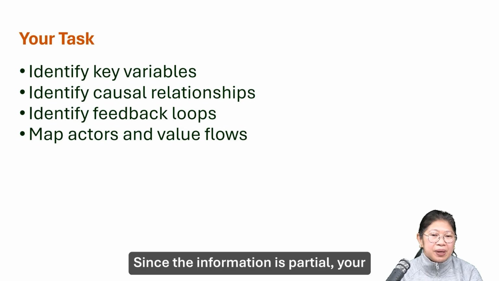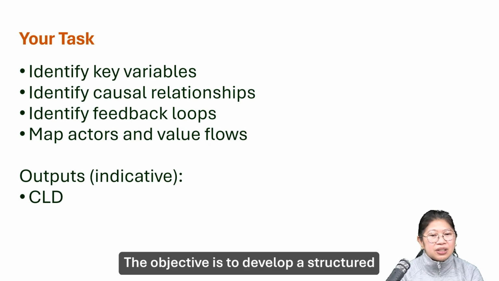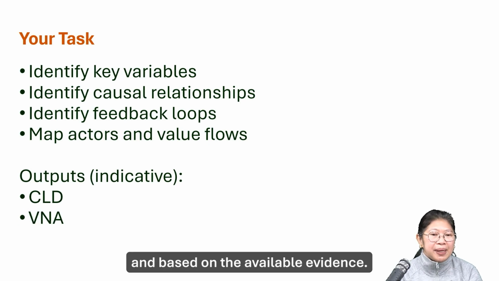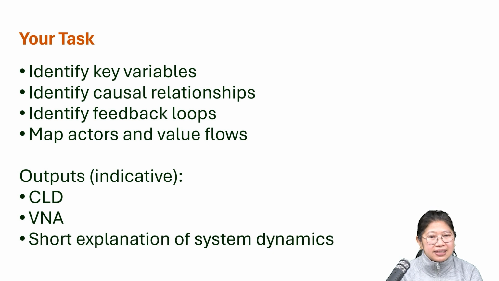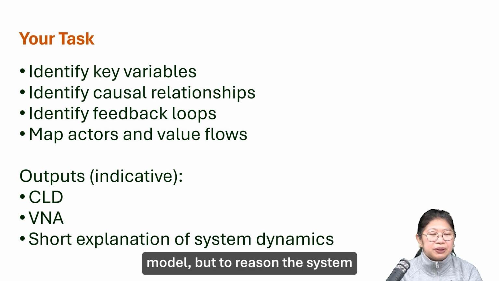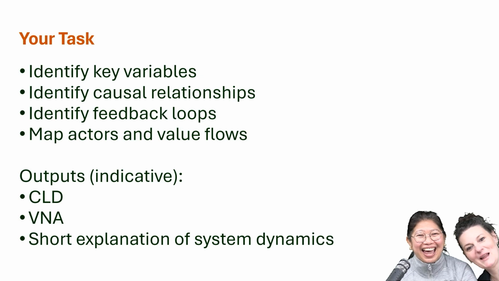Since the information is partial, your diagrams do not need to be complete. The objective is to develop a structured understanding of the system based on the available evidence. The goal is not to produce a perfect model, but to reason about the system using incomplete information. So, good luck! Bye.